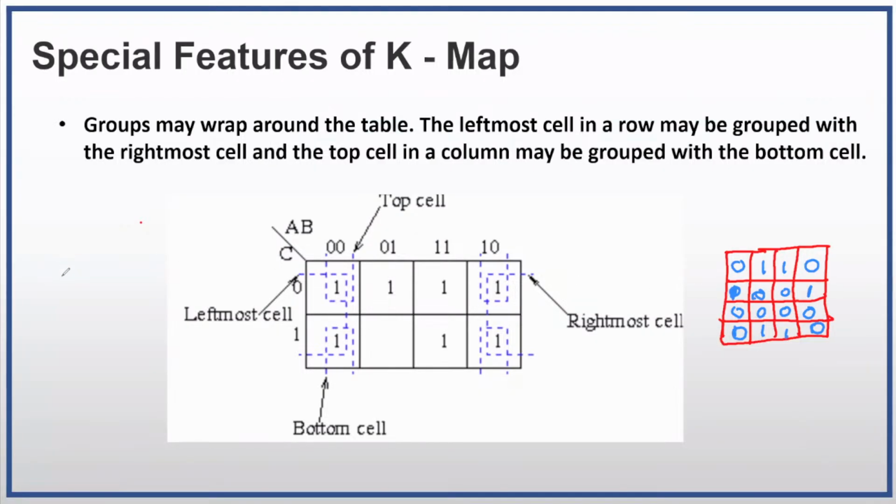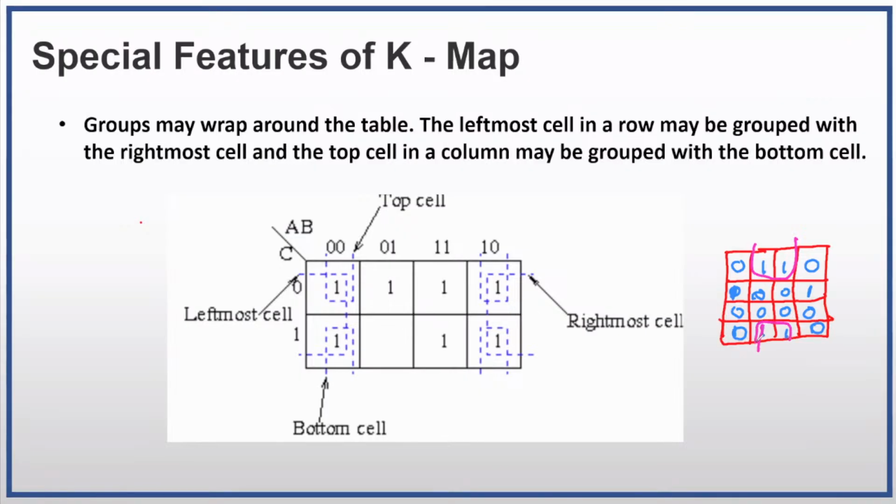So in this case you can see that you can group considering the connection of the top cells and the bottom cells, as well as the leftmost cells and the rightmost cells. So here you can draw a group like this, containing these two and containing these two.